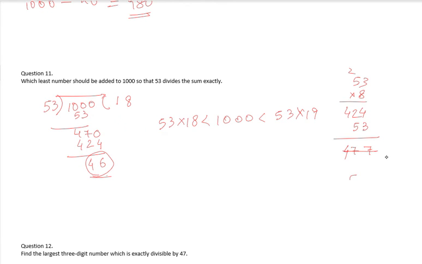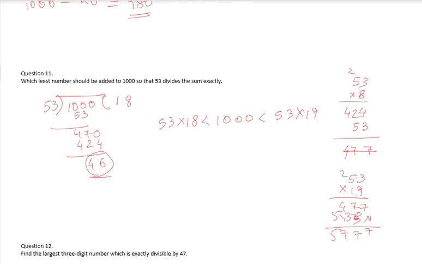53 into 19. 9 3s are 27, 2 carry, 9 5s are 45 plus 2 is 47. There is some error here, I believe. There won't be a 0 here because I've already placed a cross.